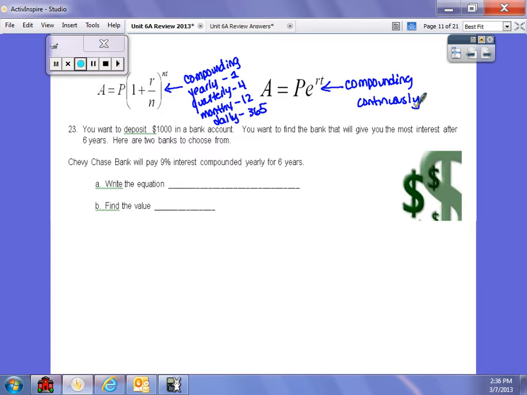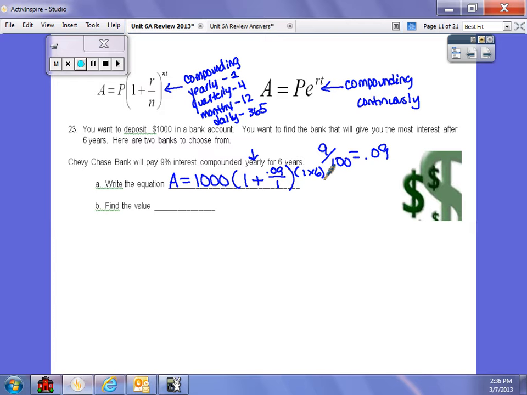Alright, so the first one is talking about Chevy Chase Bank. So we use the first formula, and we say that we have $1,000 times 1 plus the rate, which is 9% over 100. So 0.09. And it says that it's compounding yearly, so that's once a year. All raised to the 1 times 6 power.